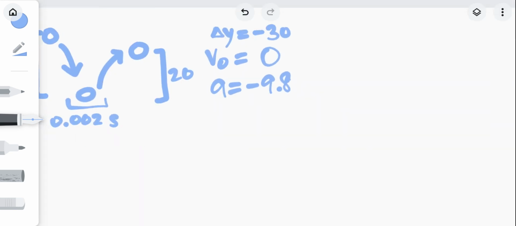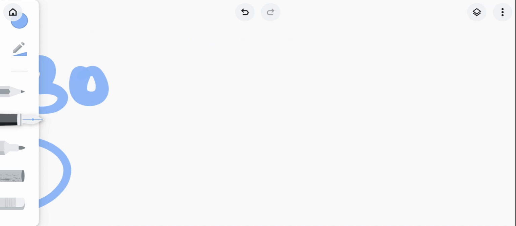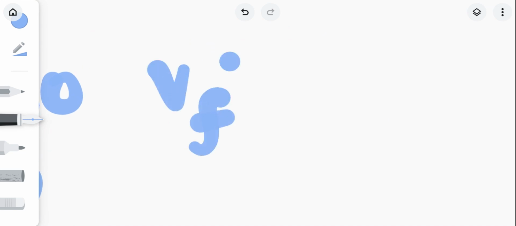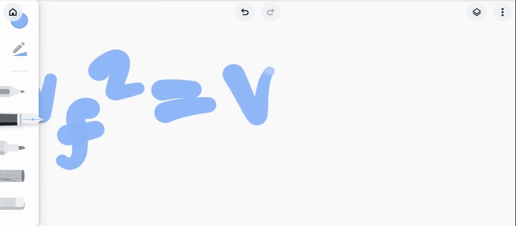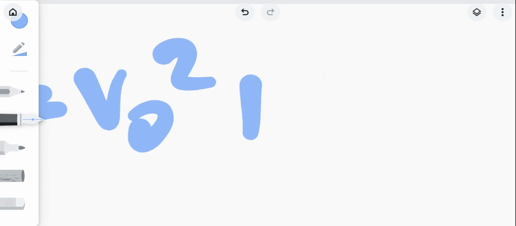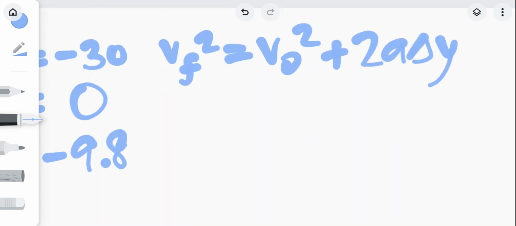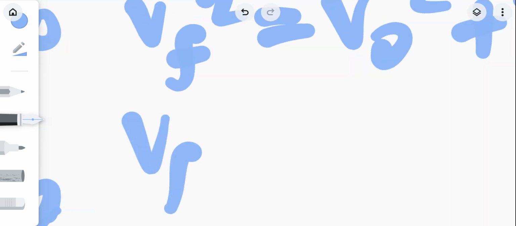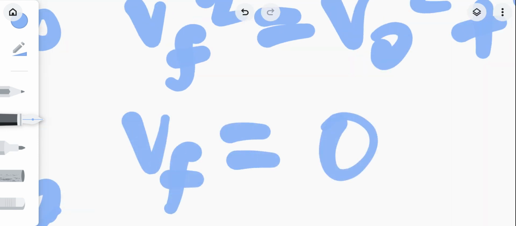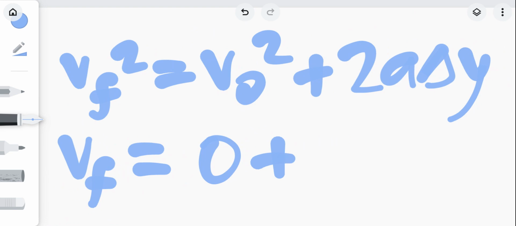All right, now we can figure out the velocity of the ball when it hits the ground, its final velocity, using this kinematics formula. Final velocity squared equals initial velocity squared, 0, plus 2 a delta y.